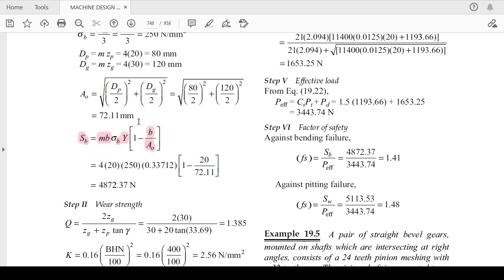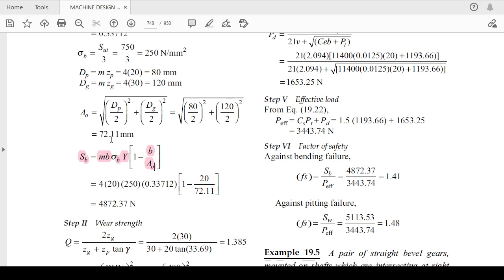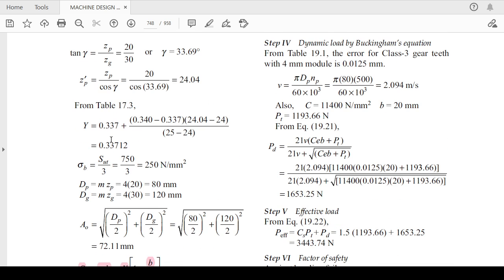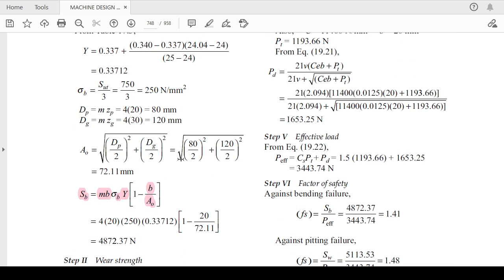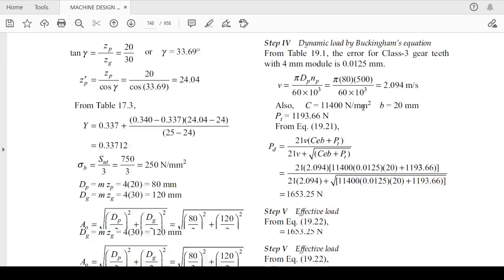Easily you can calculate this value, and on the basis of this you can also calculate the bevel factor and the value of beam strength SB. The module is given, and the face width is already given, or you can also calculate it if it is not given. If it is given, you can directly take it in this formula. The value of face width is given as 20 mm.